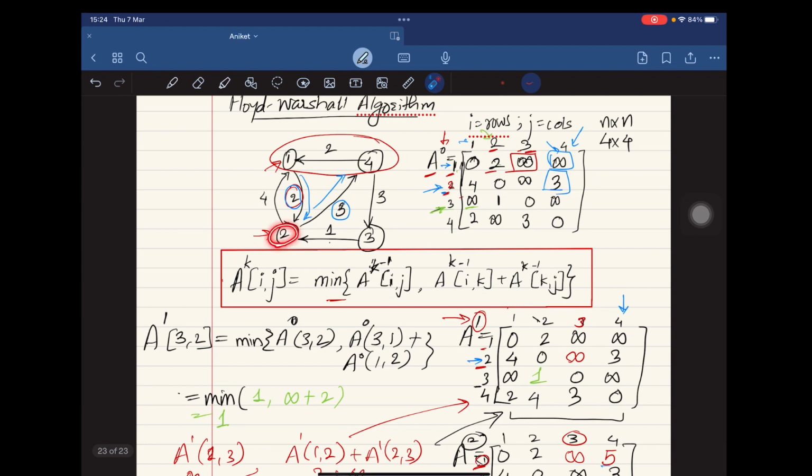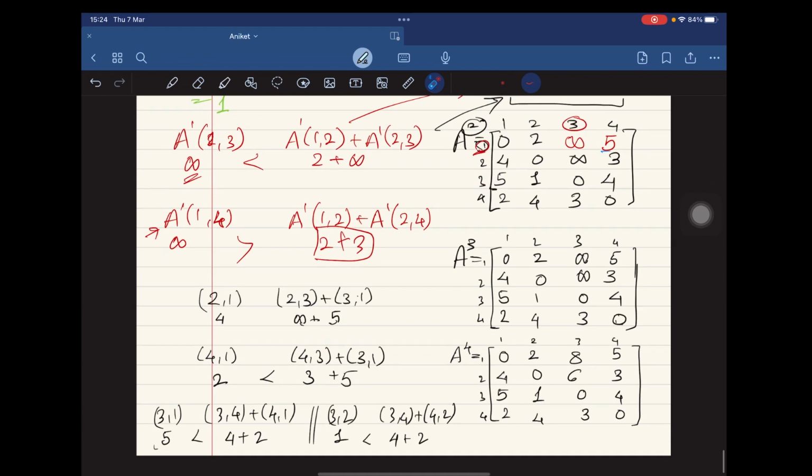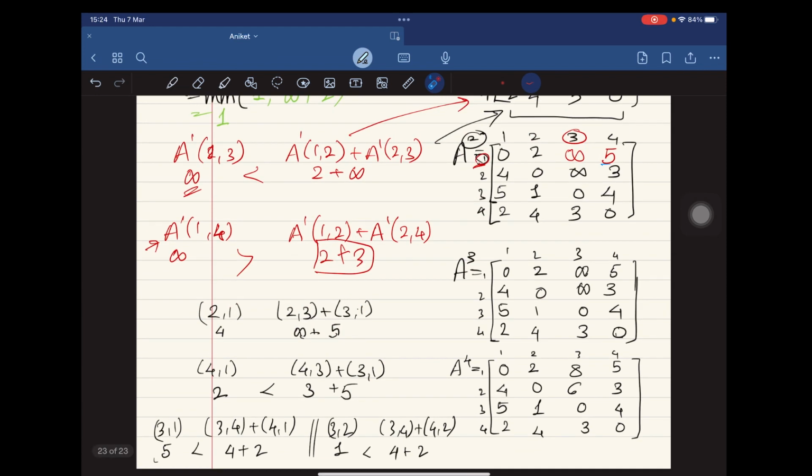So going from 2 to 3, we have the cost associated with it, and that is minimum, it is 6. Okay, if you look at the first matrix, we know that to go from 2 to 3 it was infinity, but there is a path that exists through 4, or in a better way that takes 6 units, right?